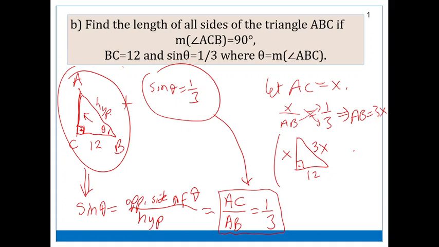Now in this way, we converted everything to x's, so we can solve with the Pythagorean theorem, which says x squared plus 12 squared is equal to 3x squared, which is 9x squared. So then this will give you 12 squared is equal to 8x squared.